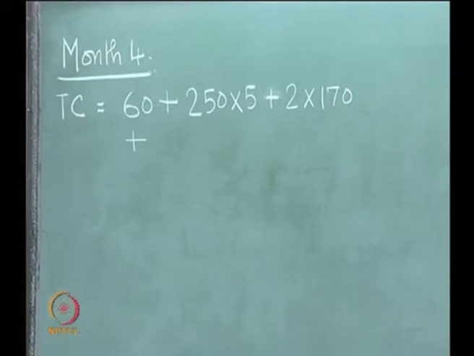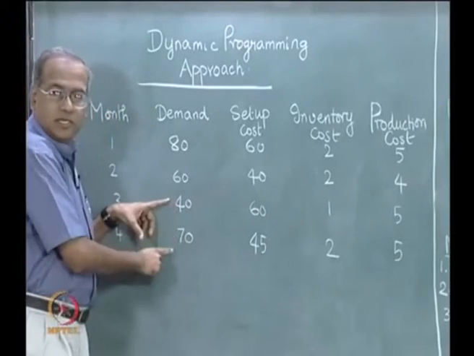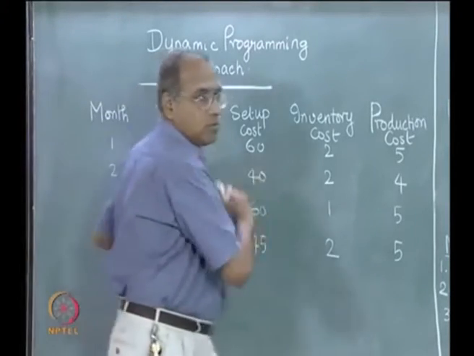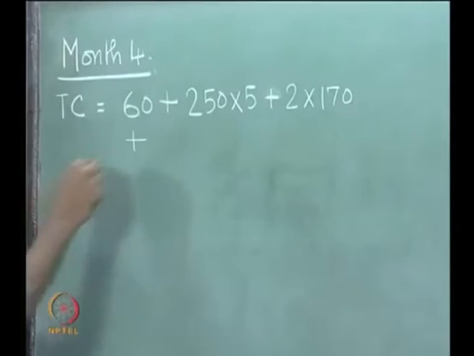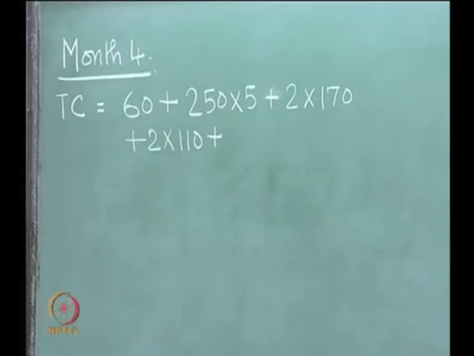plus 110 are carried to the third month, 110 into 2, plus another 70 is carried to the fourth month.